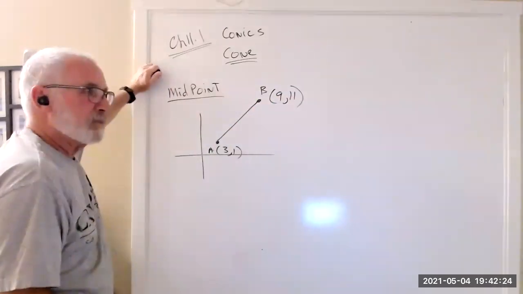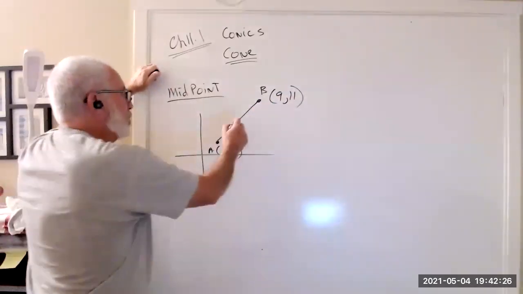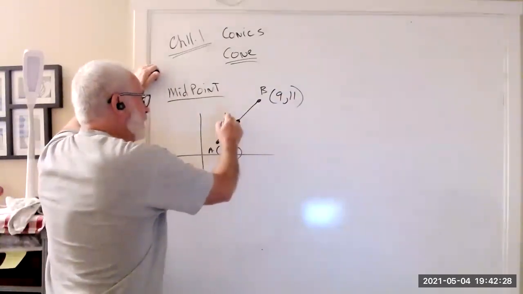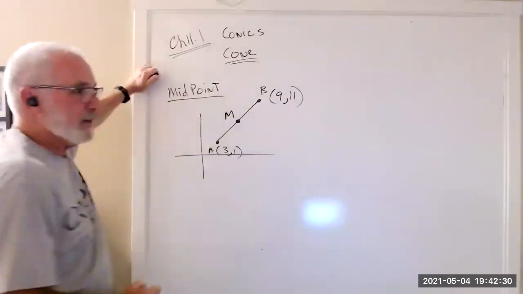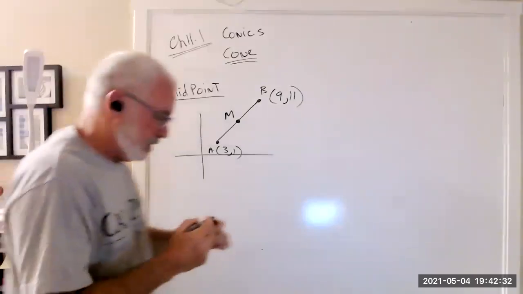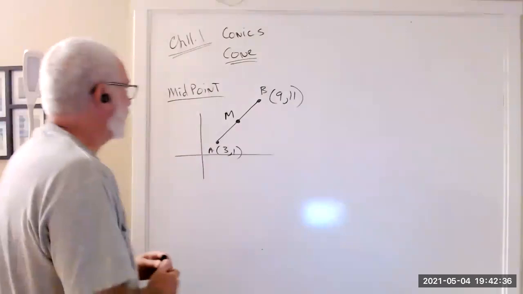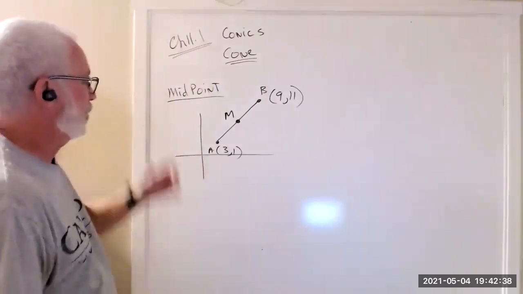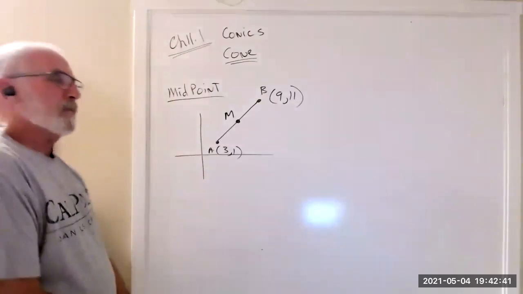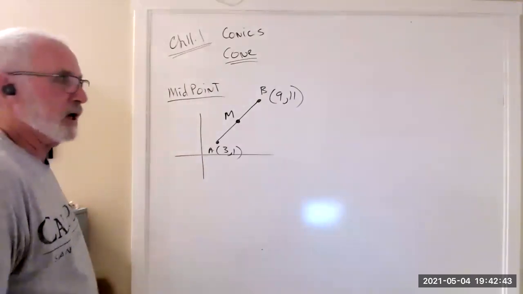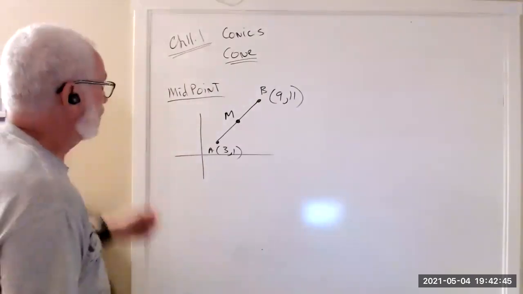And I want to know what's in the middle, and they almost always use a capital M for the middle. What are the coordinates, the ordered pair? Well, I'll show you, and then have you guys work one out, and then we'll be done with it.